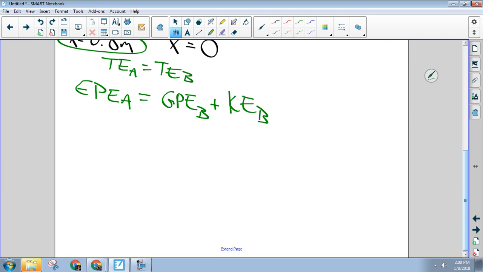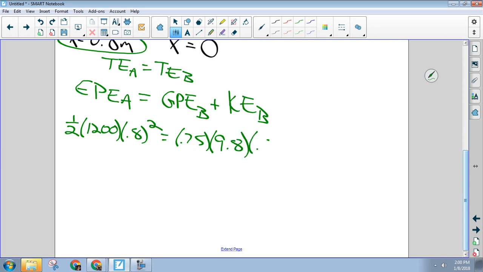Good? All right, so my elastic potential energy, that's 1/2 k times x, don't forget to square it, equals the mass times 9.8 times the height plus 1/2 the mass times v squared.